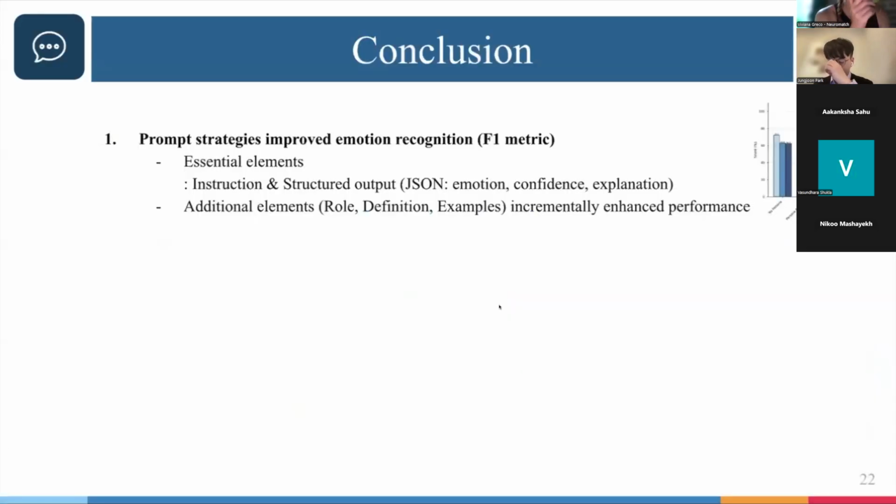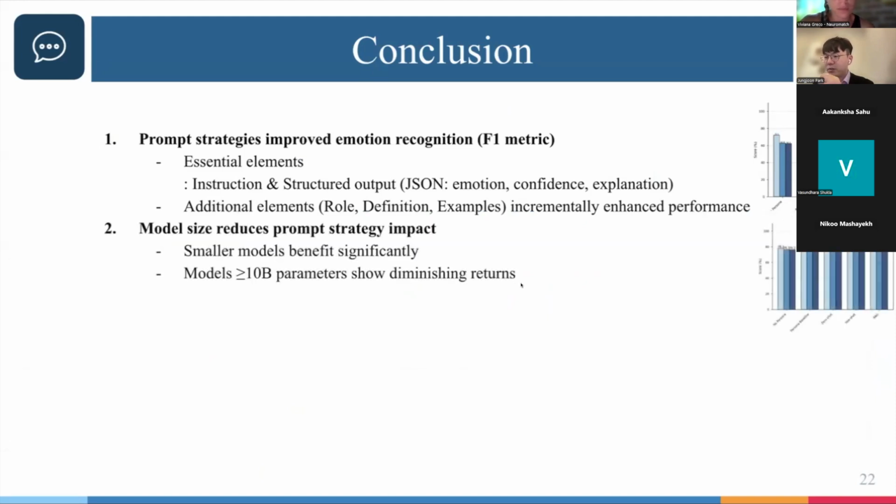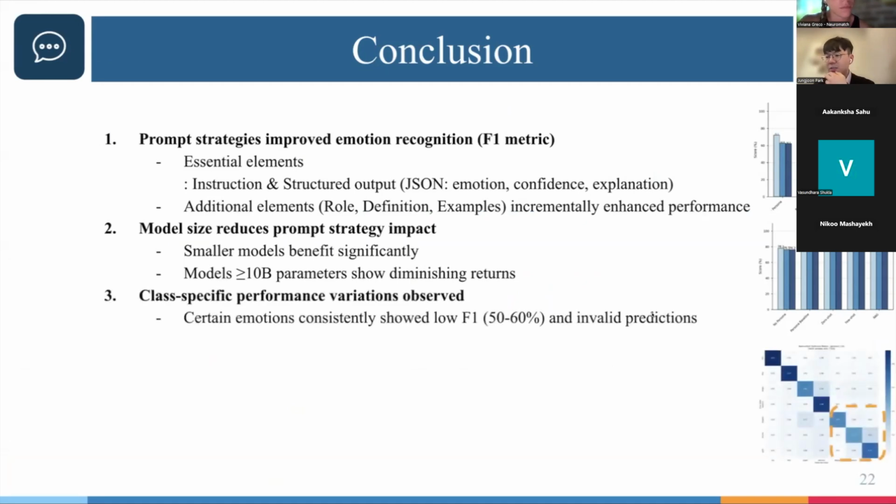In conclusion, our experiments demonstrate that effective prompt strategies notably improve emotion recognition performance. We also observed that the effectiveness of prompt strategies is not always the same, but diminishes with increasing model size. Also notably, there are class-specific performance variations.